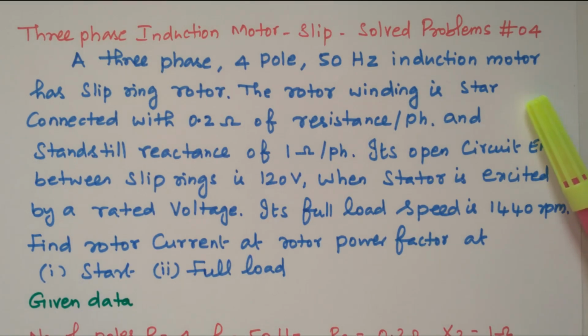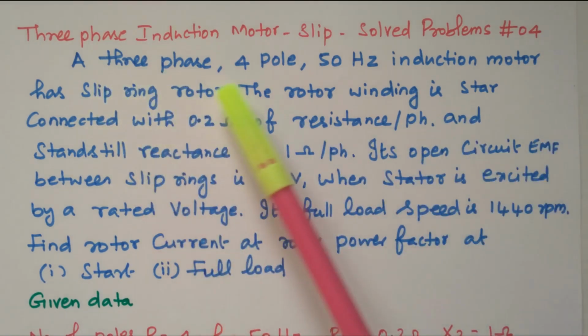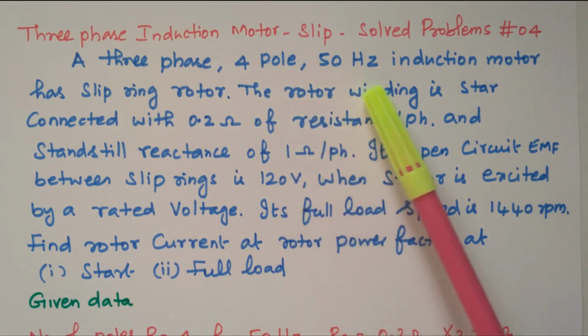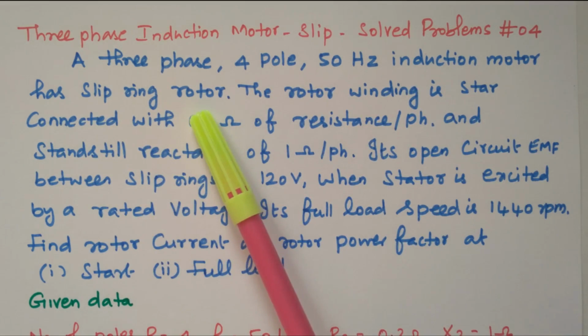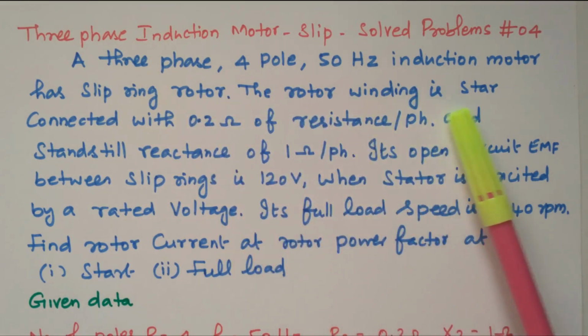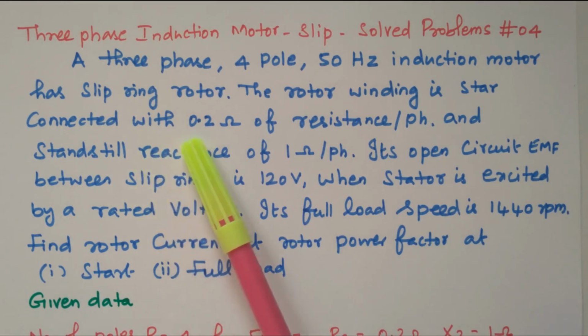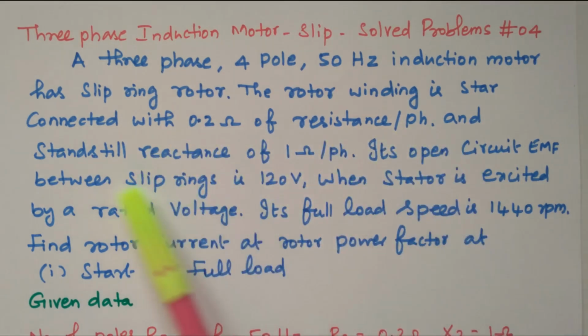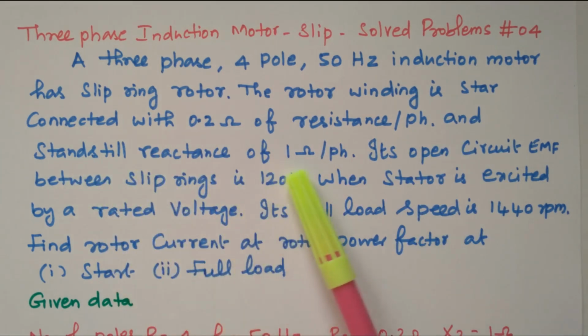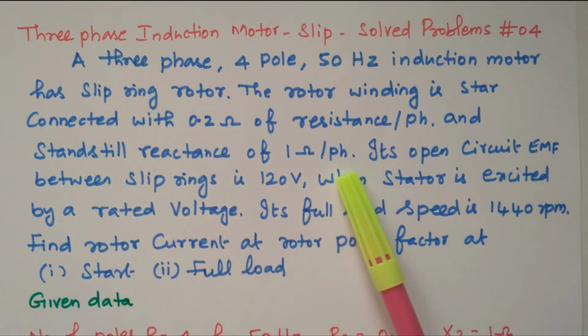Now we will go to the problem. A 3-phase 4-pole 50 Hz induction motor has slip ring rotor. So this comes under the slip ring rotor. The rotor winding is star connected with 0.2 ohm of resistance per phase and standstill reactance of 1 ohm per phase.